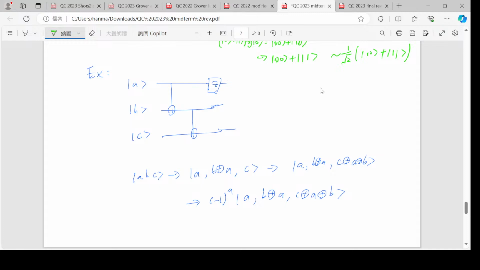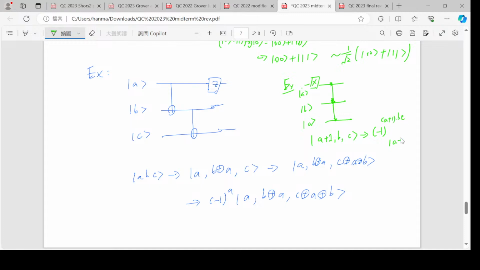In the midterm we had another example with a controlled Z. I think it's actually X here, and then you do controlled Z. Again you put a, b, c in. Going through the X, a becomes a plus 1, with b and c unchanged. Then going through controlled Z gives you minus 1 to the product of all three registers multiplied together, so a plus 1 times b times c.